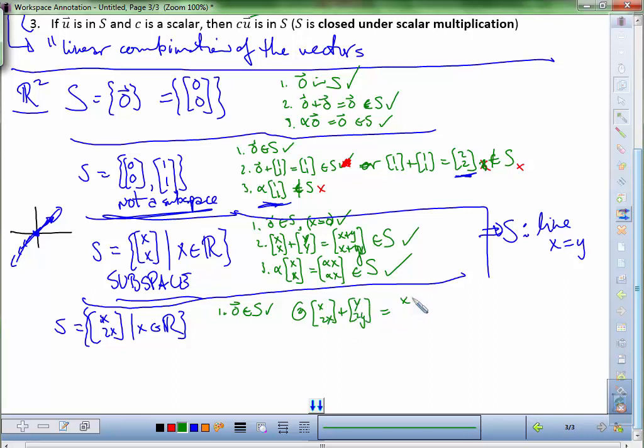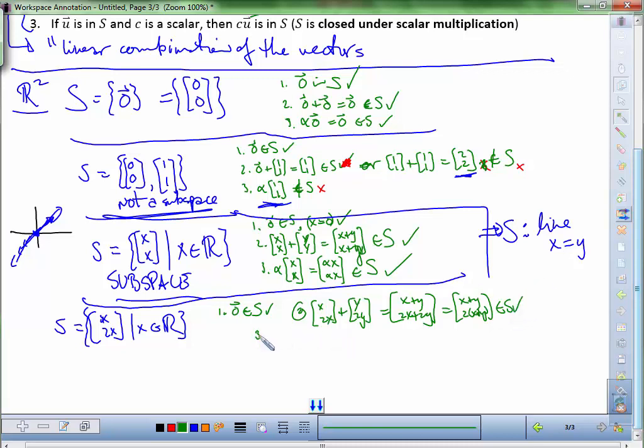Then we get x plus y, 2x plus 2y. Can I write that in this form? Something, 2 times something. If you factor out a 2, that'll work out. So this is in S, so that's good.